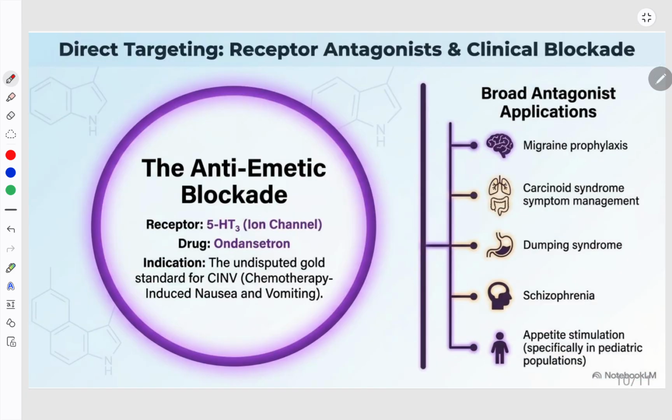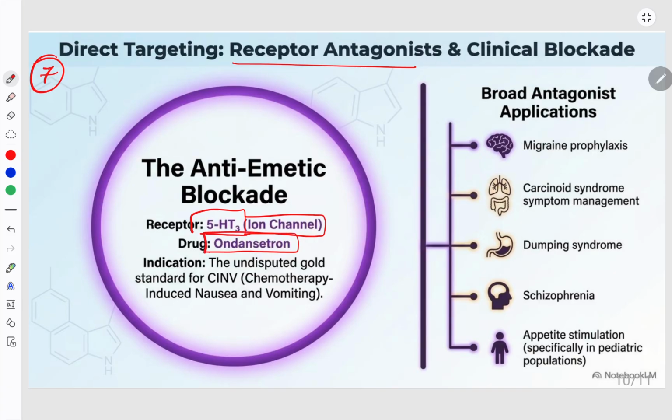The last class of drugs which target 5-HT are the 5-HT receptor antagonists. This is the seventh strategy for pharmacological modulation of 5-HT. And the most important drug which acts as a 5-HT antagonist is the 5-HT3 antagonist, that is, the drug which inhibits the ion channel.